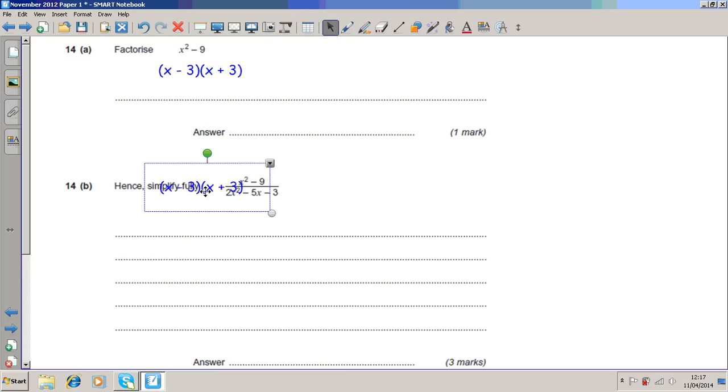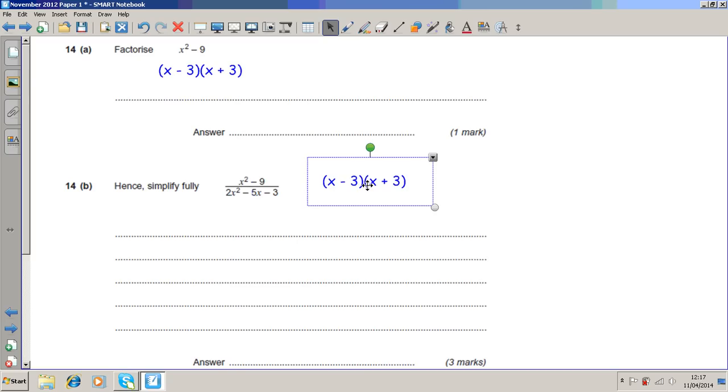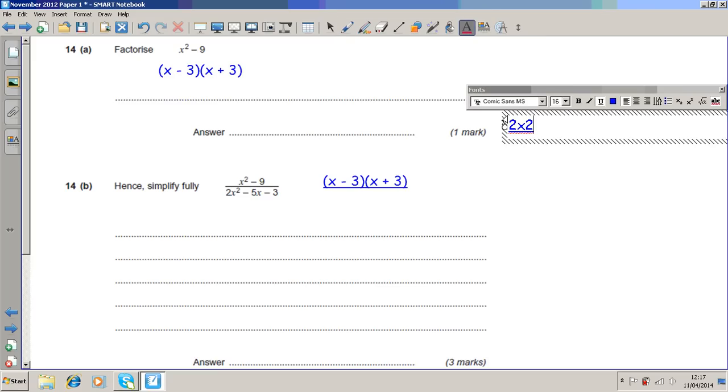So now, hence simplify fully. Well, x squared minus 9 is that. And we need to factorise the one on the bottom as well. 2x squared minus 5x minus 3.